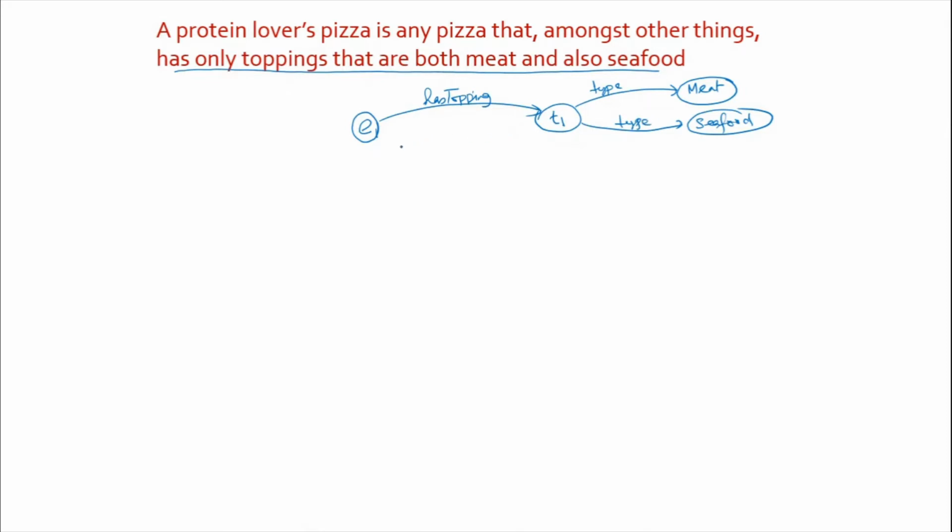So whatever topping we have for this E should be both meat and seafood.